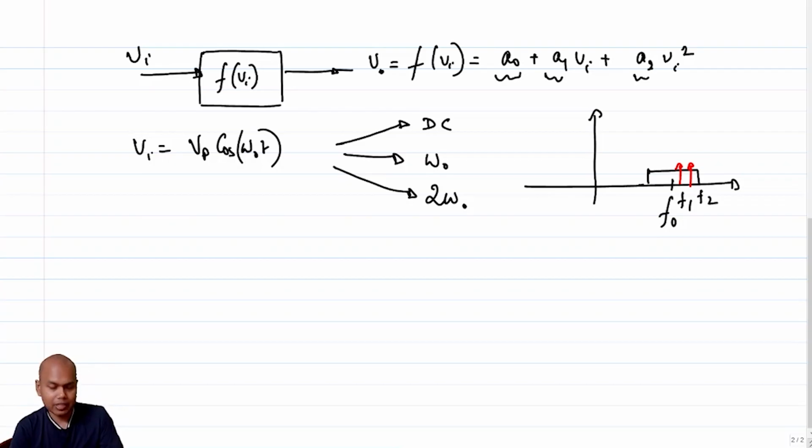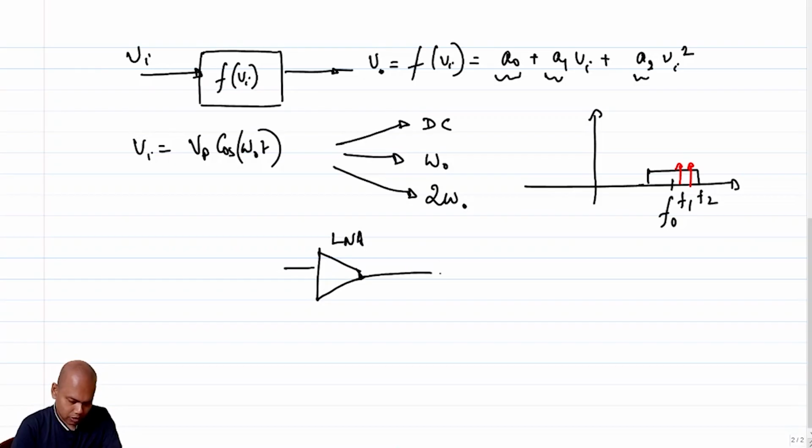Now note that in the context of a radio receiver that we have been talking about, you should understand that if you have an LNA, this will be followed by a mixer, right?